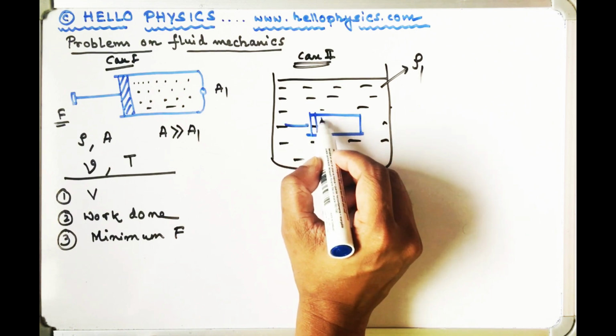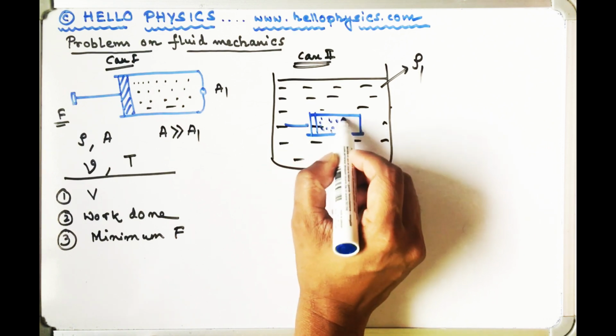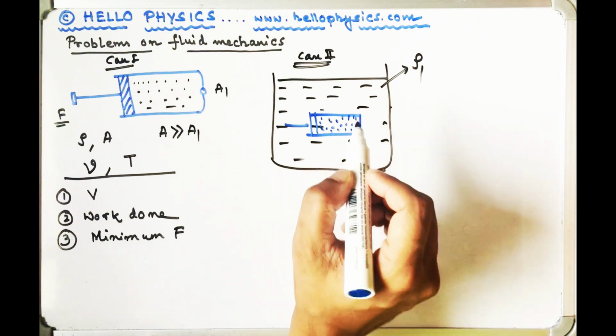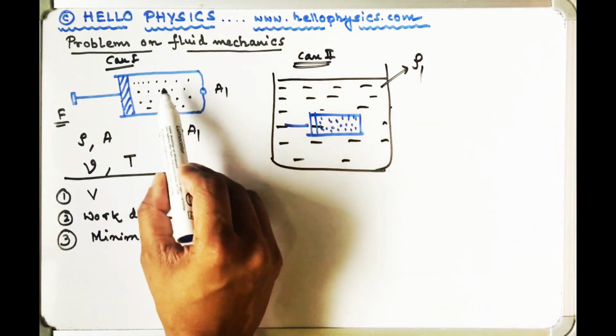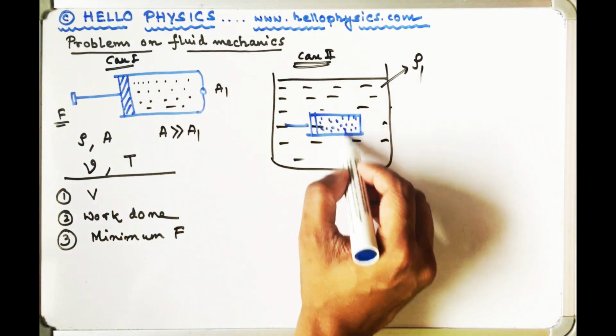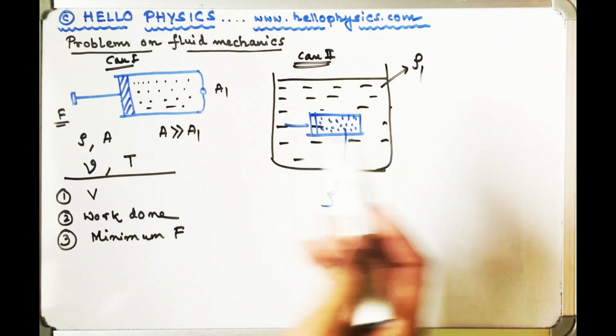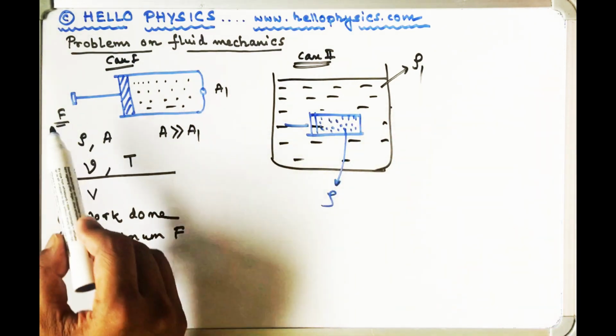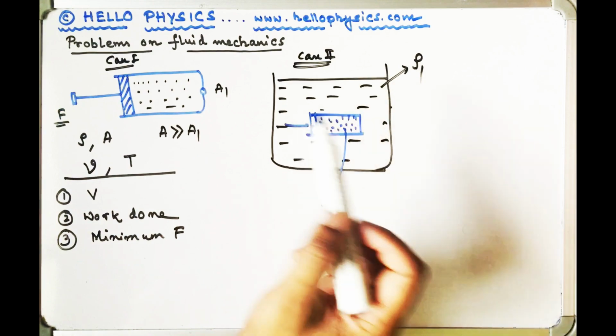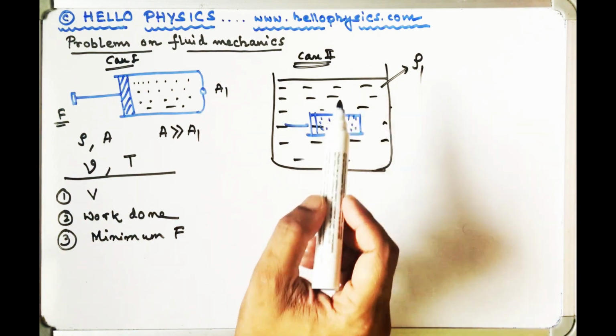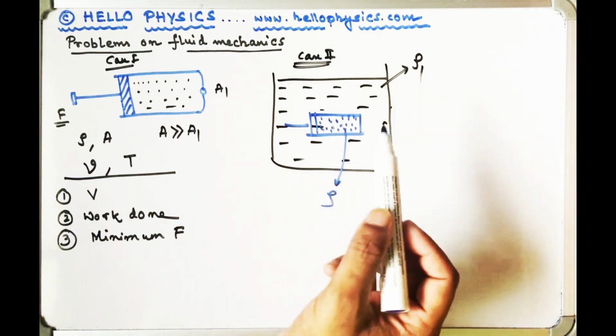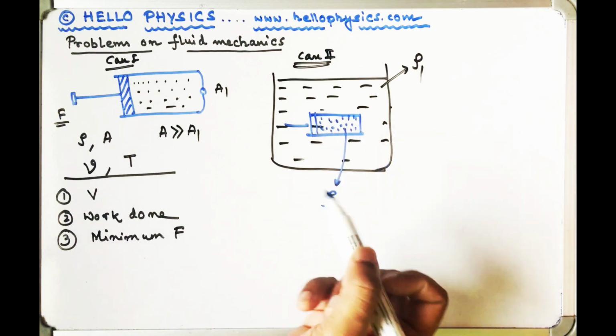Inside the piston and the cylinder, of course, there is this original fluid which has a density of rho. All other information remains the same, that is the force F that is applied, density of this fluid, the cross-sectional areas, the volume of the fluid, everything is the same.